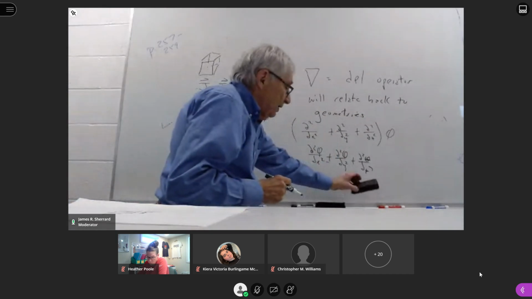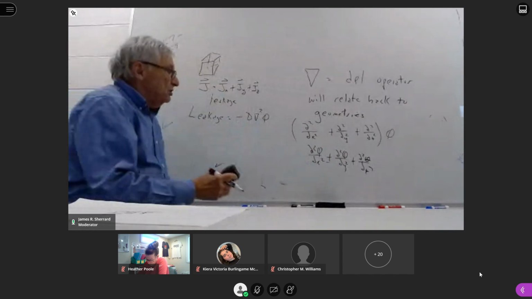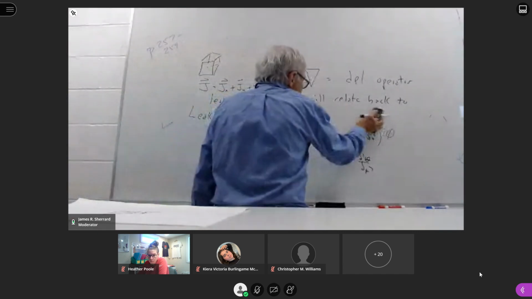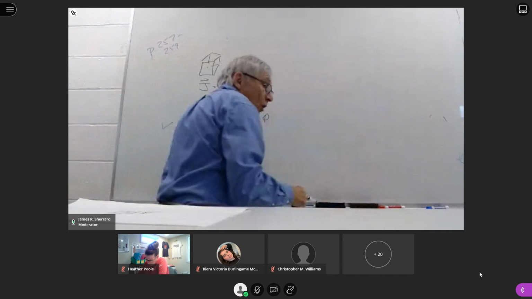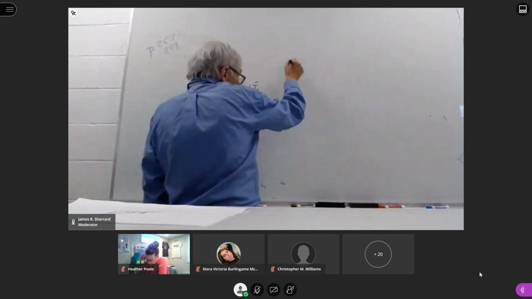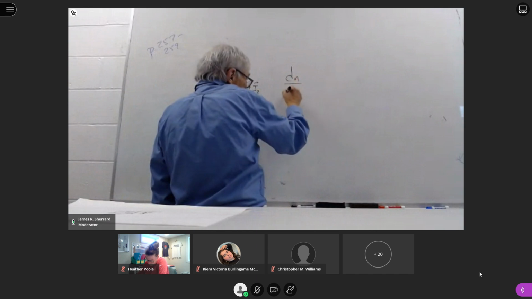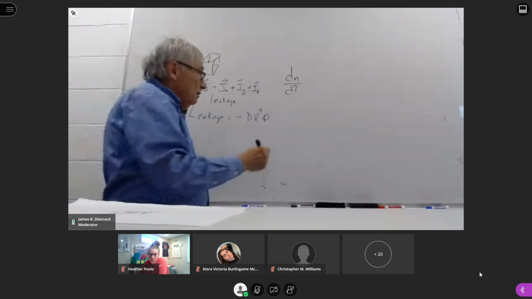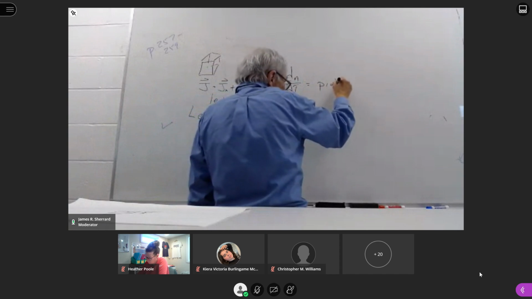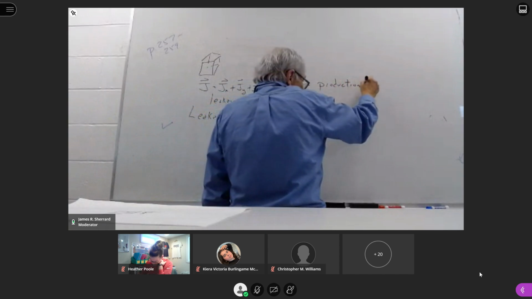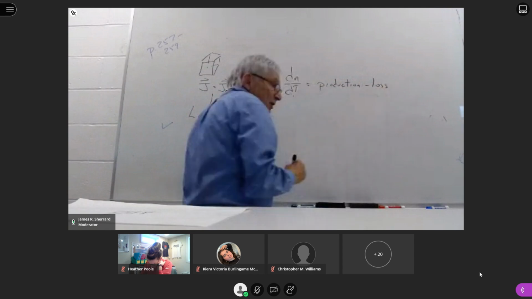If we go back and look at the rate of change of neutrons in my reactor, we know we can always state the rate of change of neutrons for anything with respect to time is production minus loss.